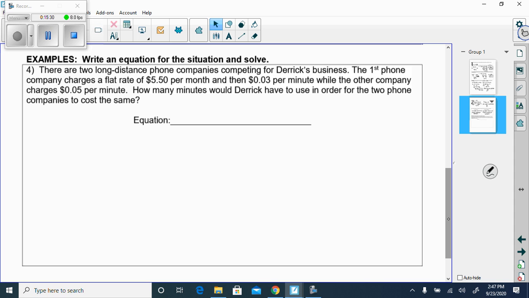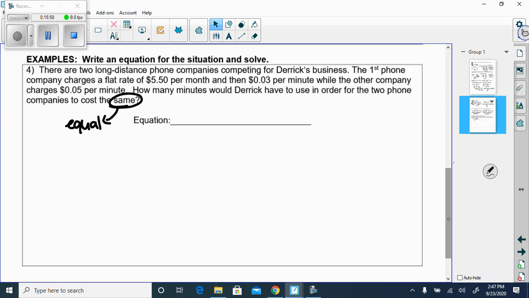Okay, so a couple things we need to notice here. When they say same, that means we want these two to be equal to one another, right? But we're going to have to write an actual expression for each one. They gave us two different phone companies.